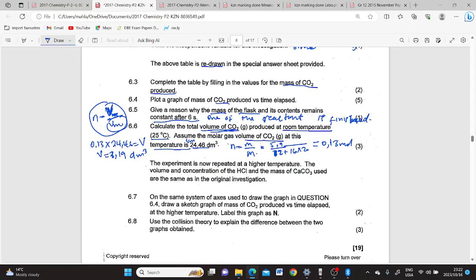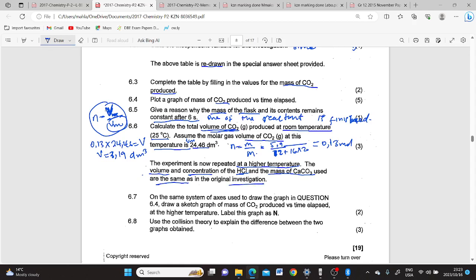Right, now we're saying the experiment is now repeated at high temperature. Now we've increased the temperature. Remember, just an increase in temperature, the rate of reaction will increase. They said the volume and the concentration of the HCl, hydrochloric acid, and the mass of calcium carbonate used are the same as in the original investigation.